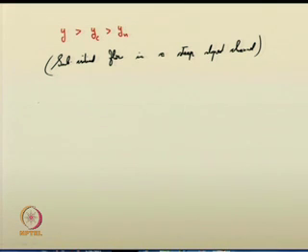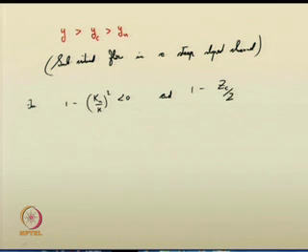Now, for a situation where 1 minus k n by k whole squared is less than 0 and 1 minus z c by z whole squared is less than 0.